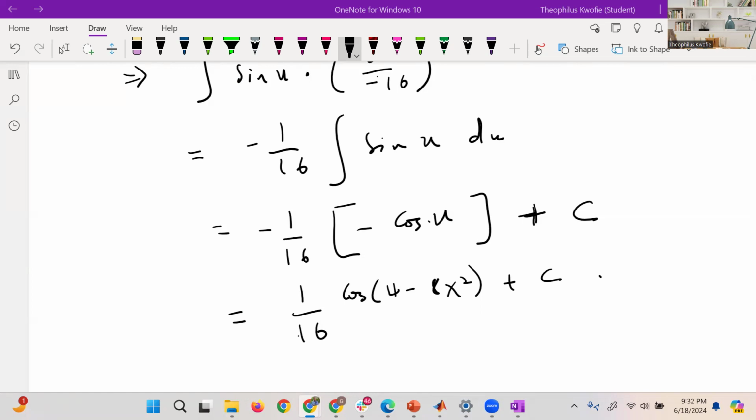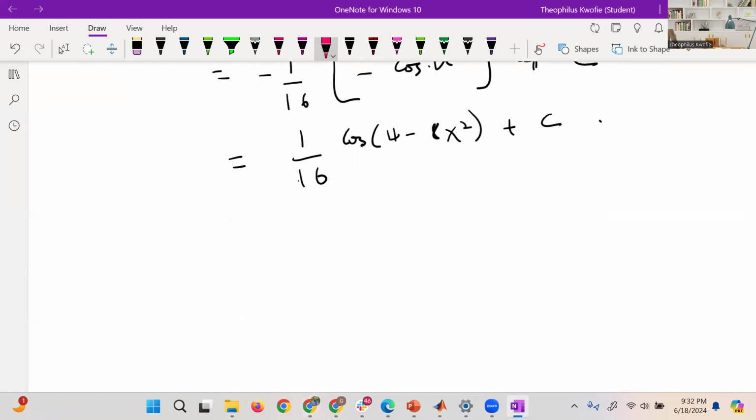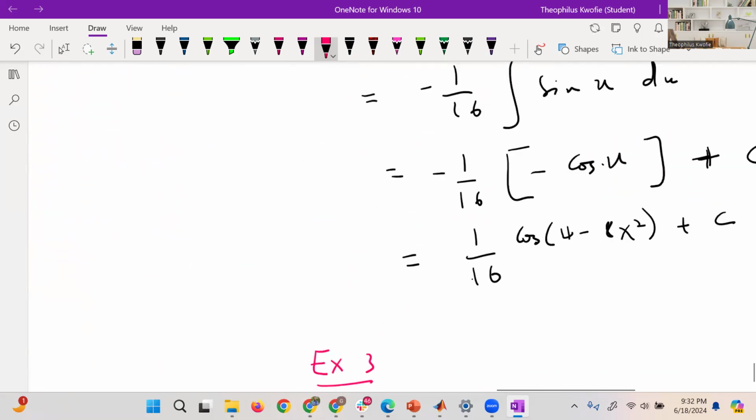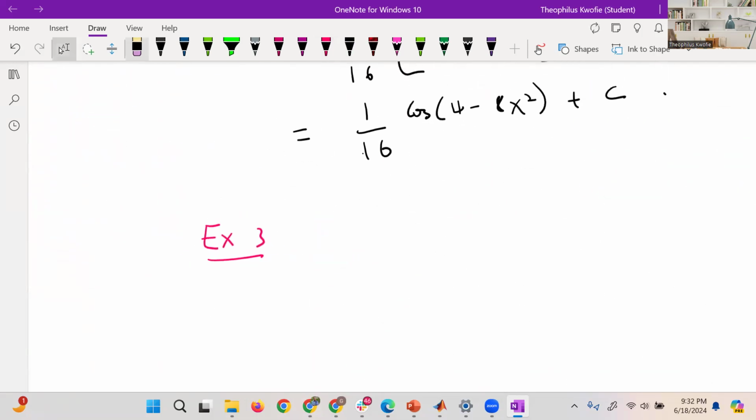All right, so let's go at one more example under this. So one more example. So this should be example 4.